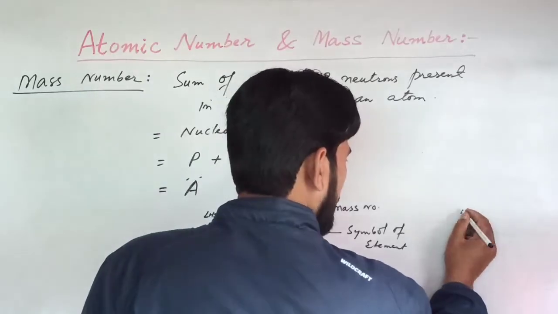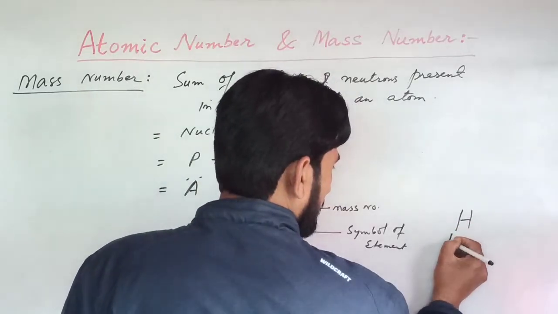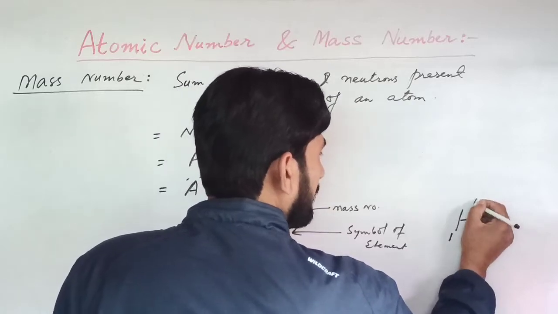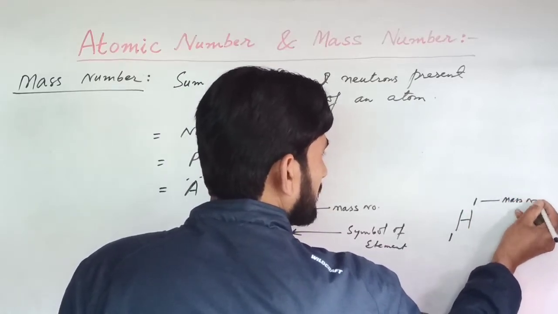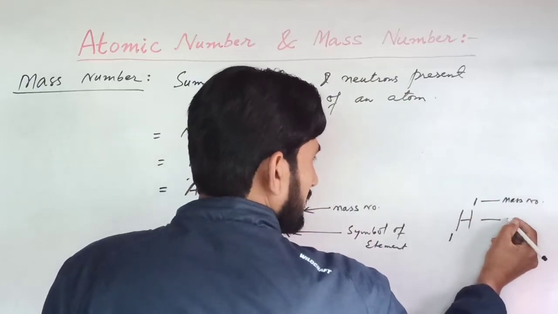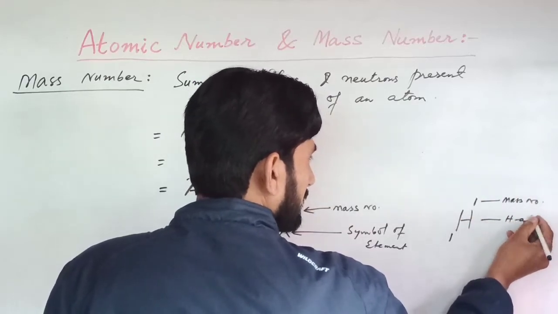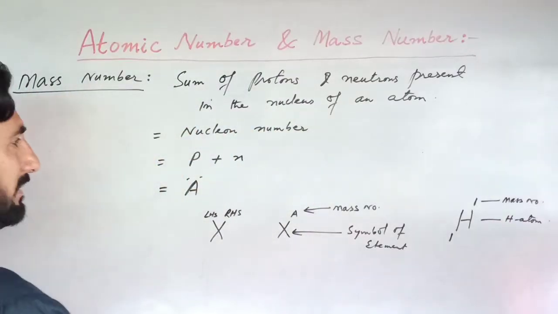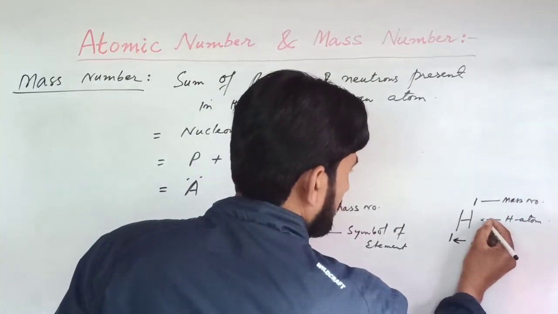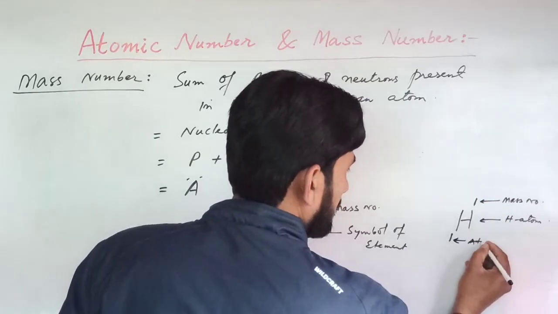For example, hydrogen, atomic number 1, mass number is 1. This is the mass number of hydrogen, this is the symbol of the hydrogen atom, and this one is the atomic number.